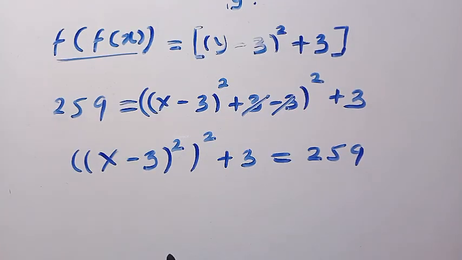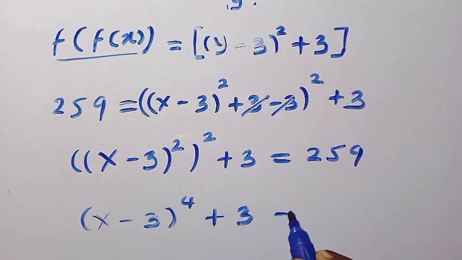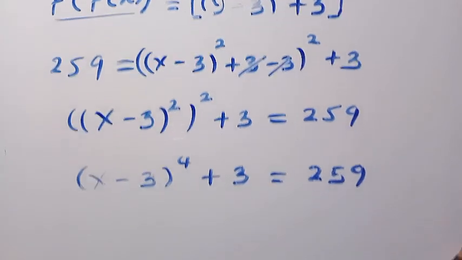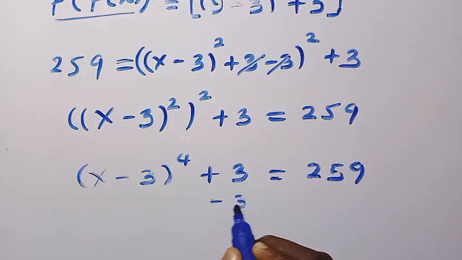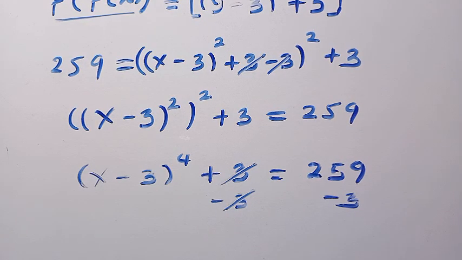And by the rule of exponents, these two will multiply. When 2 multiplies 2, we have x minus 3 raised to the power of 4 plus 3 equals 259. By subtracting 3 from both sides, the 3 cancels 3.